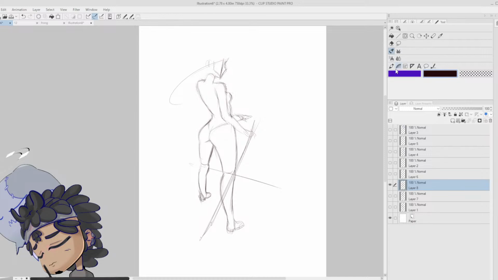There we go. But it looks too short, so we need to pull it up a bit longer, about there. Alright, and then erase this part and pull this up about here. Okay, there we go.